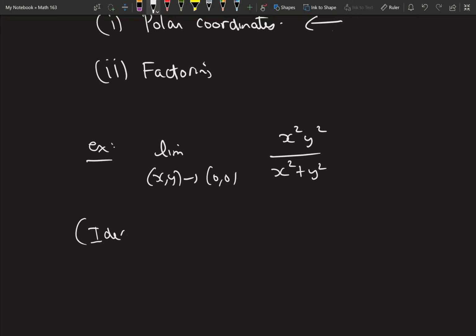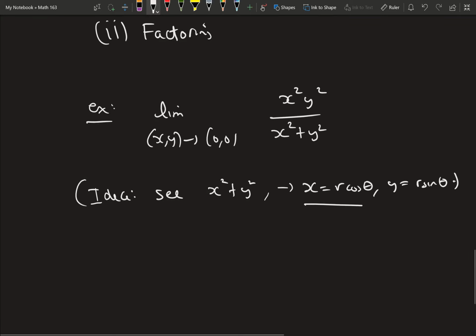The idea is if you see an x squared plus y squared type term, or something where you can factor and you get an x squared plus y squared, then we can switch to polar, with x being r cosine theta and y being r sine theta. And that's what we're going to do here.